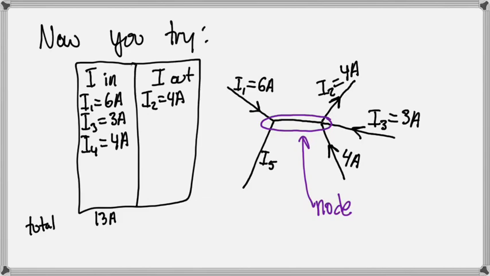Well, the total current out right now is 4 amps. And these obviously do not equal each other. So that must mean we increase the outward current by 9 amps, and we can do that by designating I5 as being that 9 amp current. And now the in does equal the out.